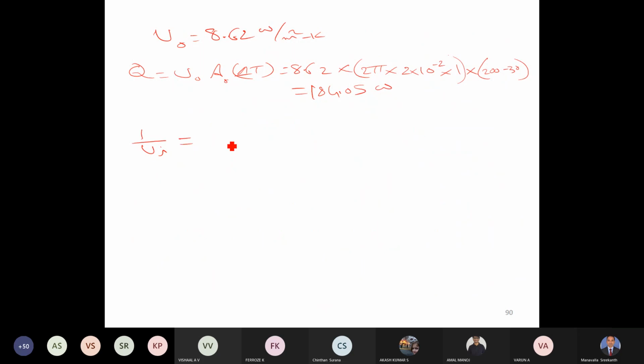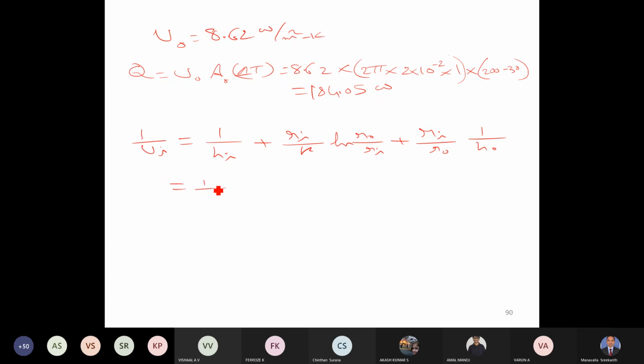So if you look at page number 165 of the data book, you will find this equation: 1 by Ui is equal to 1 by Hi. The second term is the fouling factor, which we'll ignore as we did in the previous case. Then Ri by K log of R naught by Ri plus Ri by R naught multiplied by 1 by H naught. This is the equation for estimating the inside overall heat transfer coefficient.